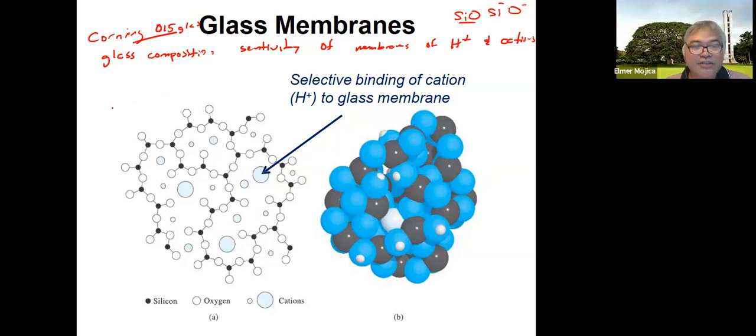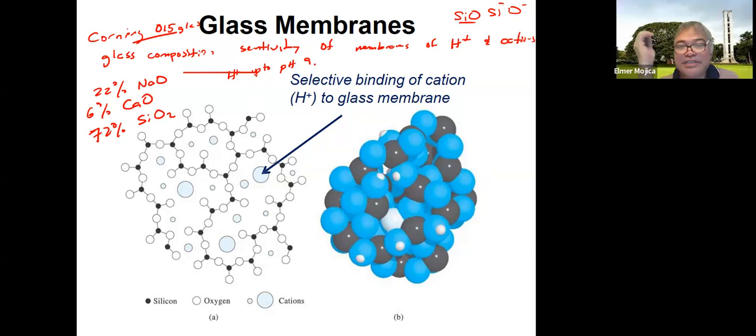And usually it's made up of 22% sodium oxide, 6% calcium oxide, and 72% silicon oxide. So this membrane is specific in its response towards the H plus up to pH 9.